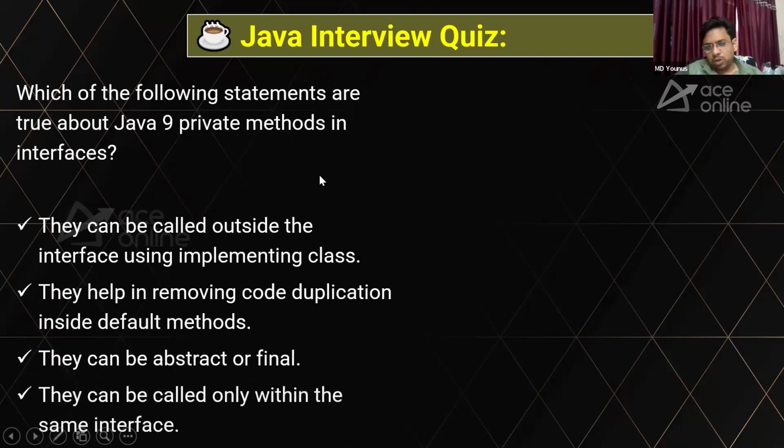They can be called only within the same interface. Which options do you think are correct for Java 9 private methods in interface? If you understood the concept behind the introduction of private methods, you will answer this correctly.